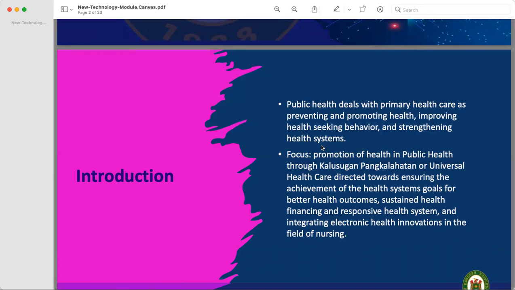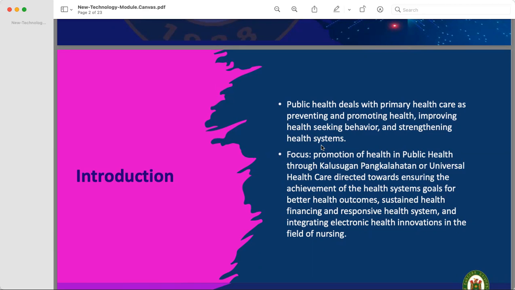Now, in promoting health among the public, it is achieved through the Kalusugan Pangkalahatan or the universal healthcare. I'm sure that you have heard about the universal healthcare law that is directed towards ensuring the achievement of the health system goals for better health outcomes.